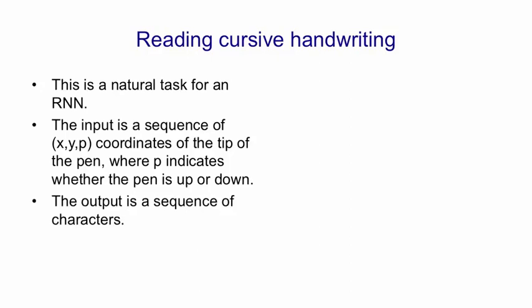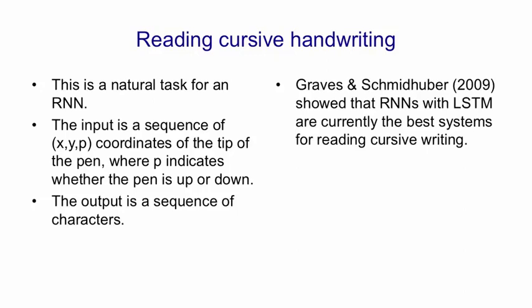The output is going to be a sequence of recognized characters. Graves and Schmidhuber in 2009 showed that recurrent neural networks with long short-term memory are extremely good at this task. So far as I know, they're currently the best systems there are, and I believe Canada Post is starting to use them for reading handwriting.